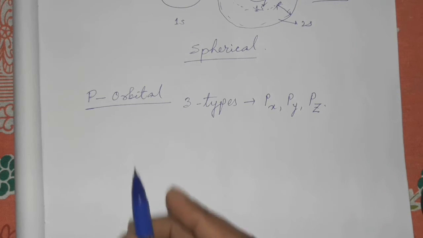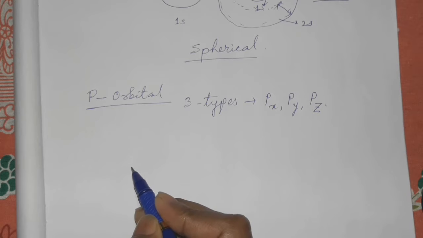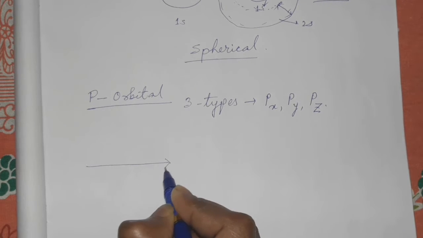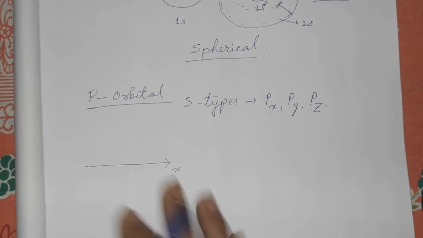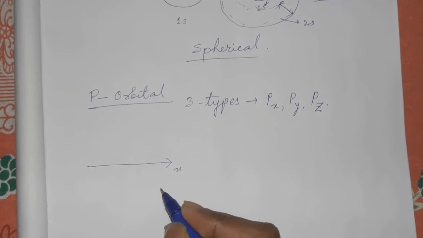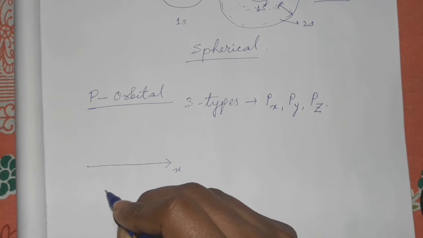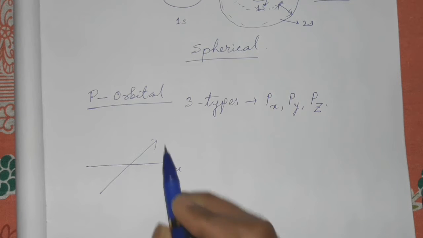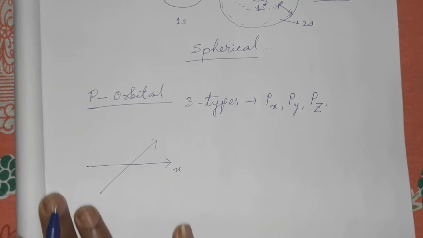First of all, we will draw the coordinate axes. This is the x-axis. Say this x-axis is lying on the plane of this paper. Now we will draw another axis. Let us consider that this axis is also lying on the plane of the paper.